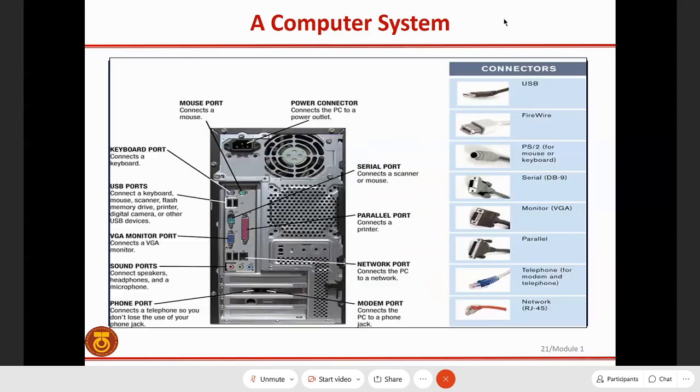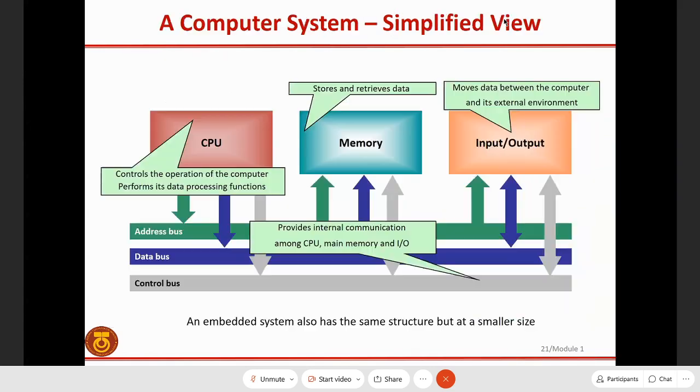And this one is just to show the many ports, meaning the I/O ports. When we say ports, it means input/output ports connected to it. So this one is just to simplify understanding of the CPU of a computer system.